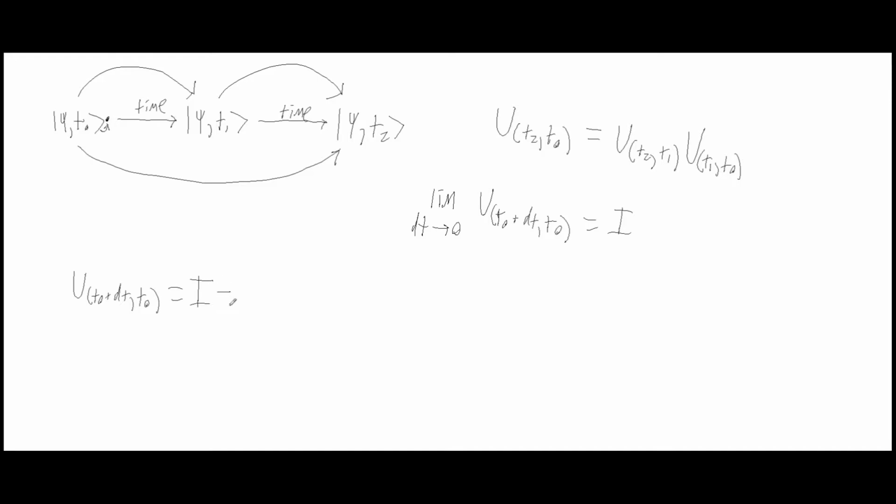I think that's just sort of convention. We subtract, and that will be subtracting i omega dt. And so omega is a Hermitian operator. So omega equals Hermitian operator.